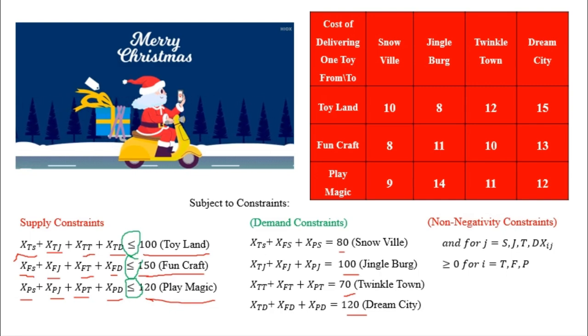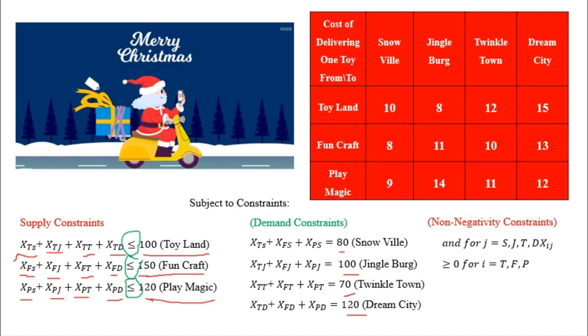It basically represents how many quantities of a toy are being demanded from each of the four cities. For this demand constraint, what are the demand values from the respective four cities? We've already discussed this: Snowville is demanding 80, Jingleberg is demanding 100, Twinkletown is demanding 70, and Dream City is demanding 120.